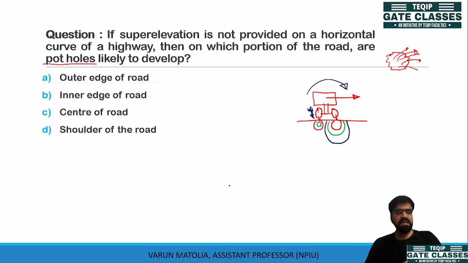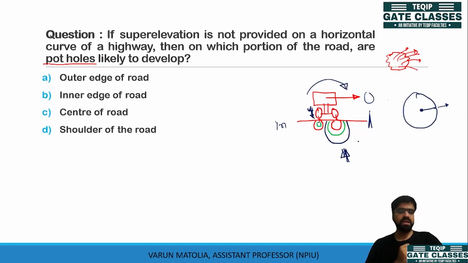So you know that if super elevation is not provided, the outer edge of the road, this is inner, this is outer, because whenever we are moving on a circle, the centrifugal force is applied outside. So this is the side which is nearest to the direction of centrifugal force.